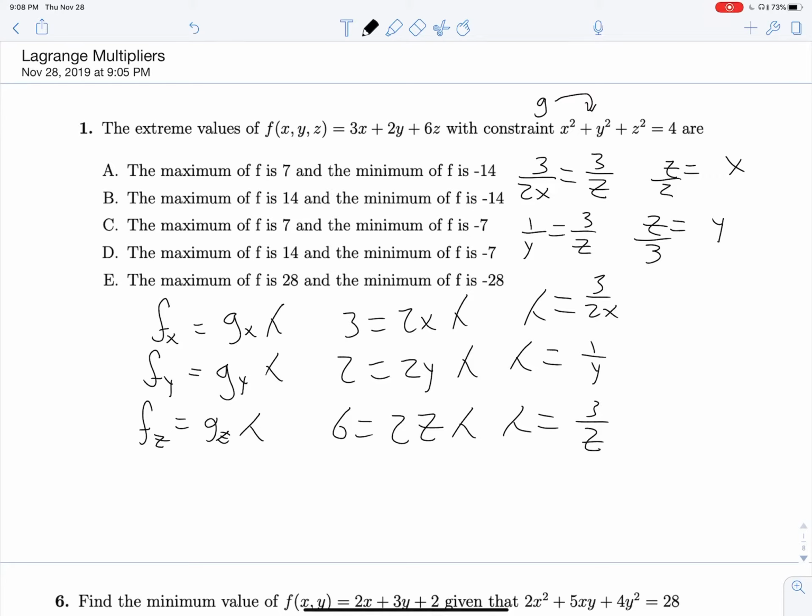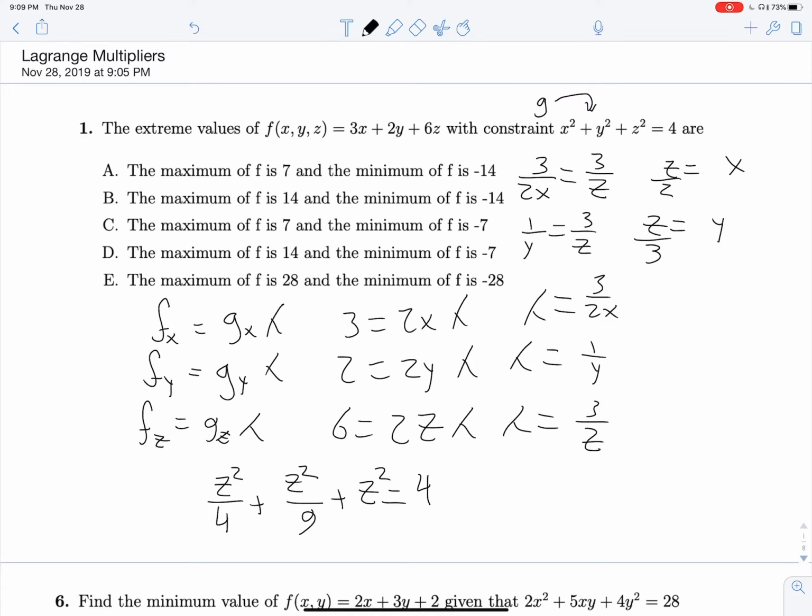So now we can head back up to our constraint. For every x, we're going to replace it with z over 2, so we will get z squared over 4 plus, for every y, we're replacing it with z over 3, so z squared over 9, and then we're adding our z squared, and all of that is equal to 4. Let's not deal with any of these fractions and multiply everything out.